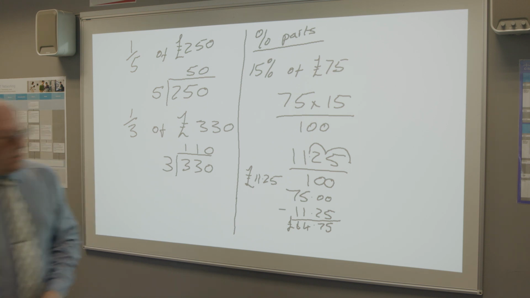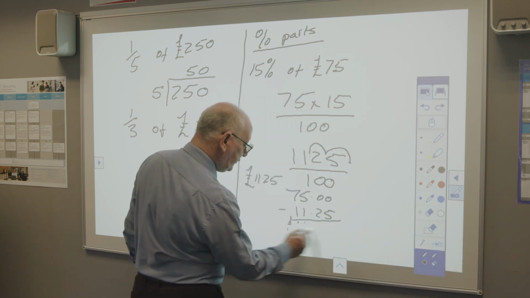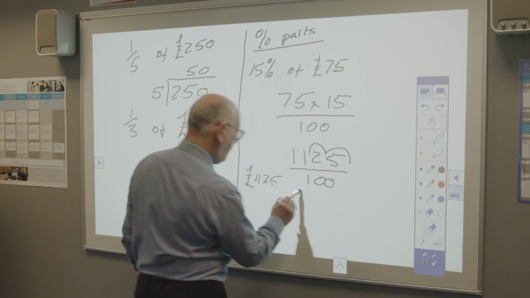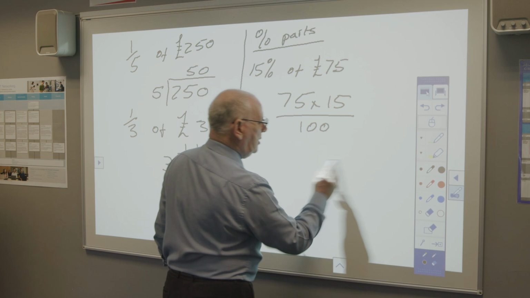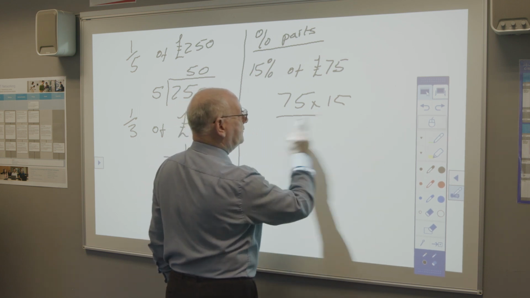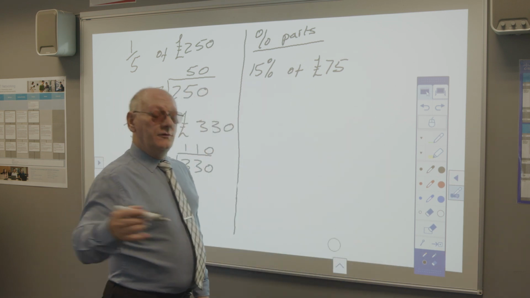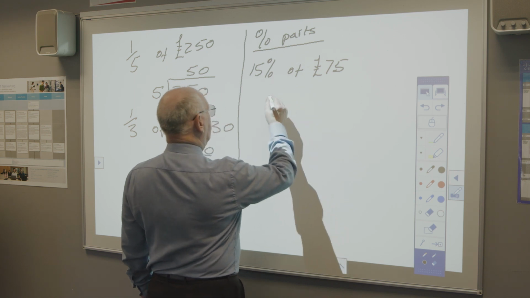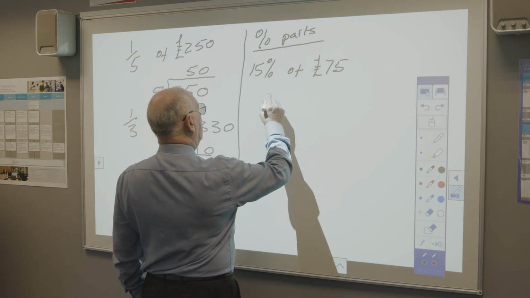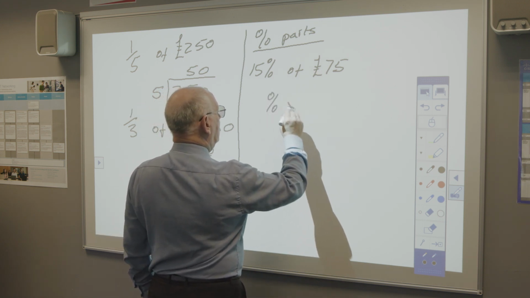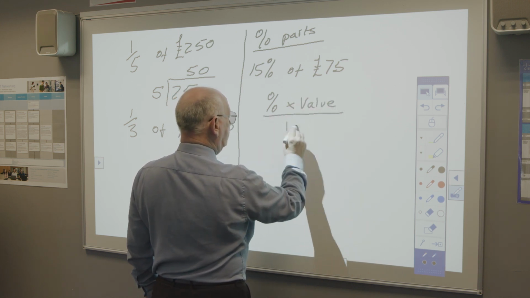Now, the thing is, there are all sorts of ways to find percentage parts or percentage values. But this is the one that will work for any percentage, for any amount. So you could call the formula, if you like, the percentage times the value divided by 100.